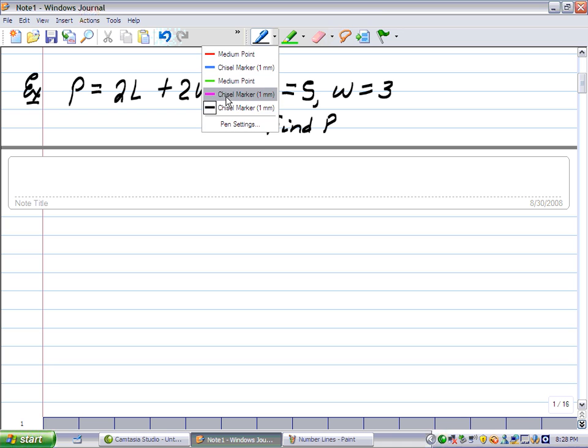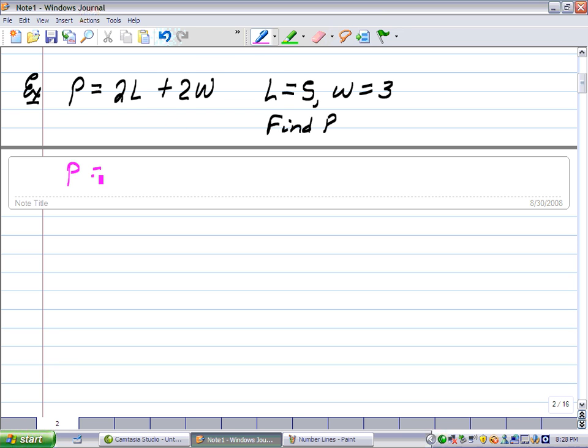So again, we're just going to replace the two variables that we have a value for with that value. So L is going to be 5, W is going to be 3. Order of operations says we do the multiplication first, so 2 times 5 is 10, and 2 times 3 is 6, so my answer is 16.